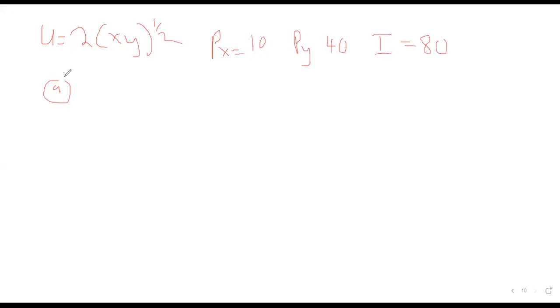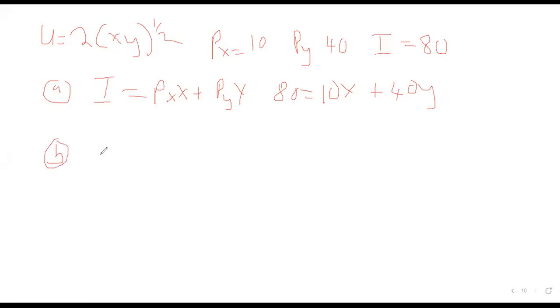How do you find the budget line? I is equal to the price of x times x plus the price of y times y. So here 80 is equal to 10x plus 40y. That's our budget line.